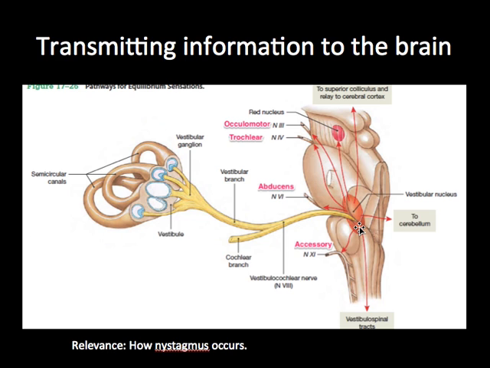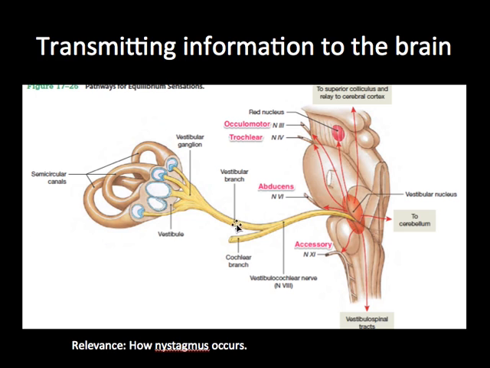So just let me check. That is, they send it to the vestibular nuclei at the boundary between the pons and the medulla oblongata. So they go from the vestibular ganglion along the vestibular branch into the boundary between the medulla and the pons.